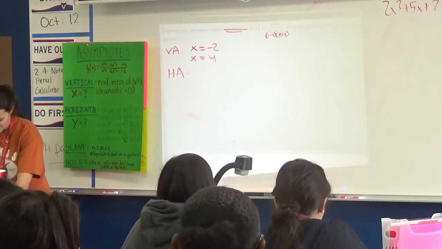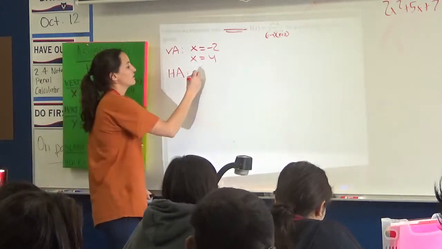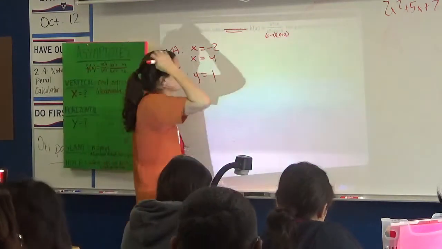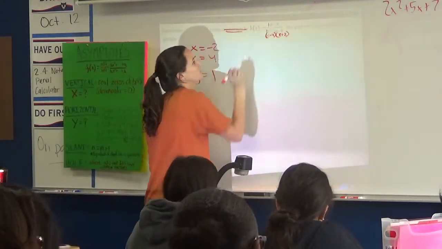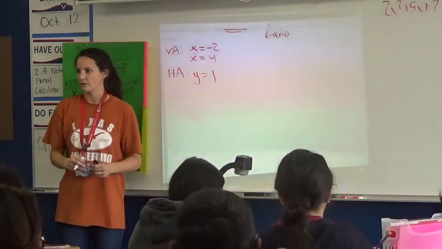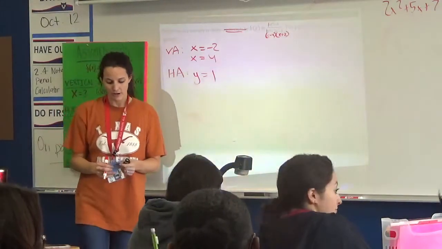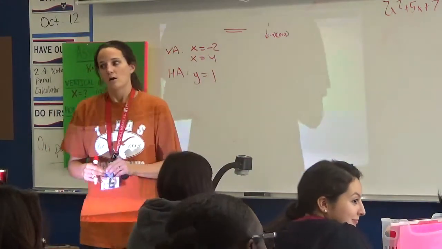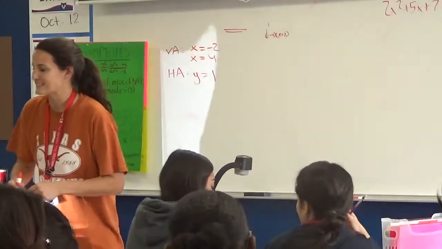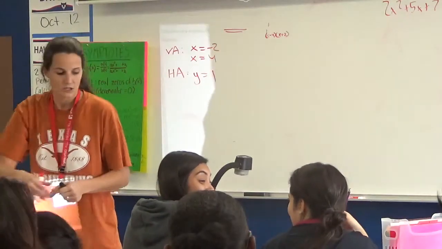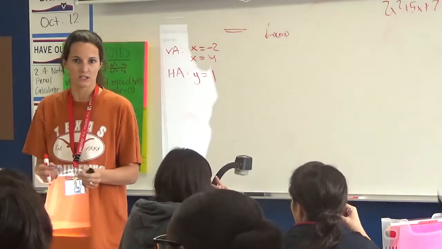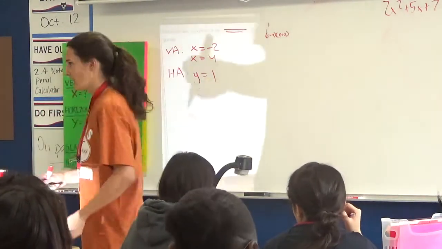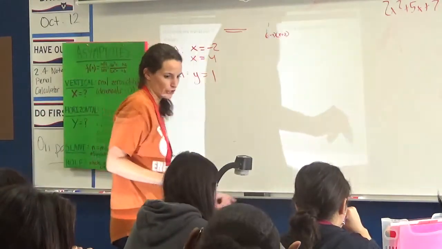They're the same. 1. Y equals 1. Good, thanks for changing that. So 1 divided by 1, y equals 1 is our horizontal. We write all those things down. We now need to check our slant asymptote. When did we say a slant asymptote would occur?